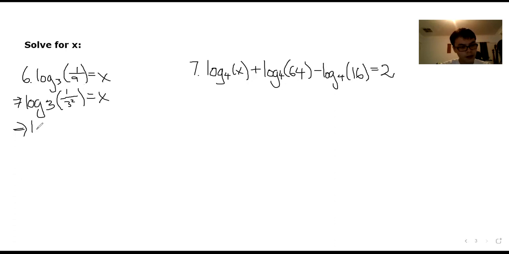And then that's going to be log 3 to the power of -2 equals x.